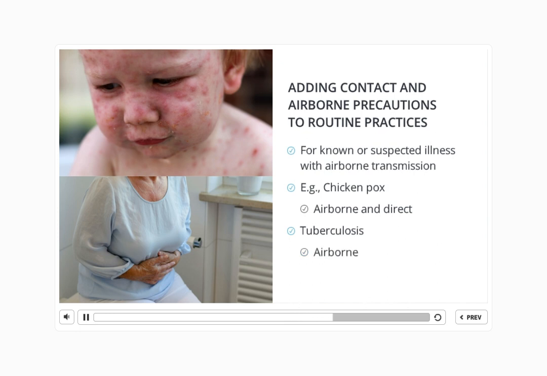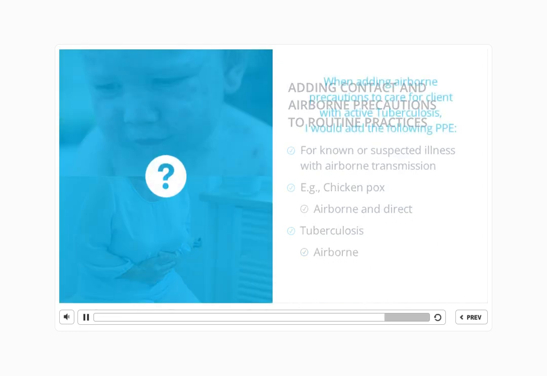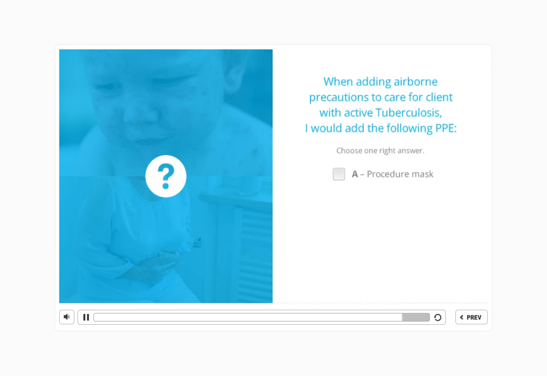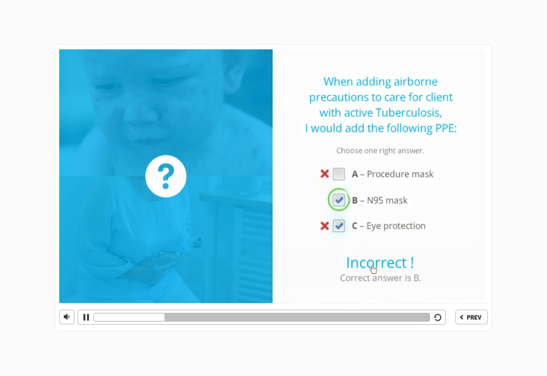For active tuberculosis, or TB, we need to add airborne precautions. From the list on the right, choose one right answer. Incorrect. Correct answer is B.